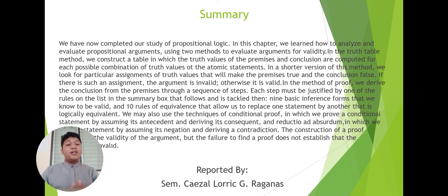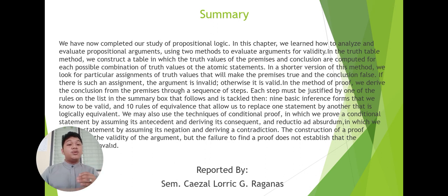Otherwise, it is valid. In the method of proof, we derive rules listed in the summary box that follows: the 9 basic inference forms that we know to be valid, and the 10 rules of equivalence that allow us to replace one statement by another that is logically equivalent.